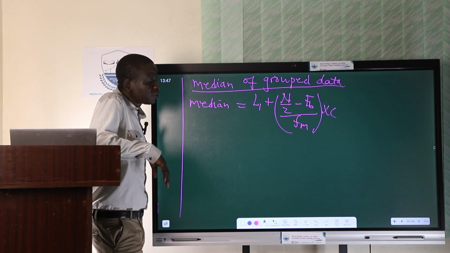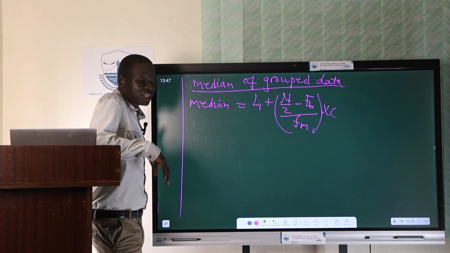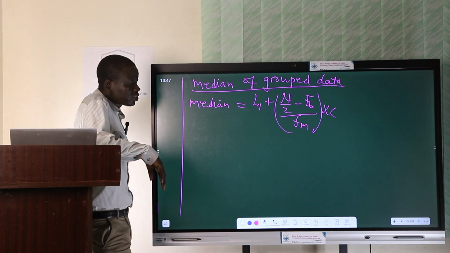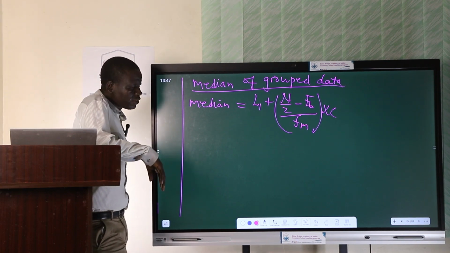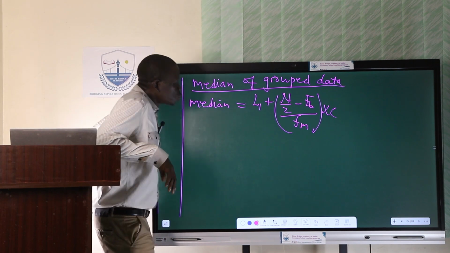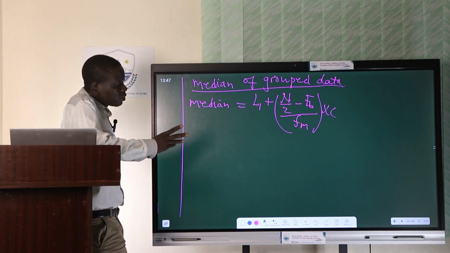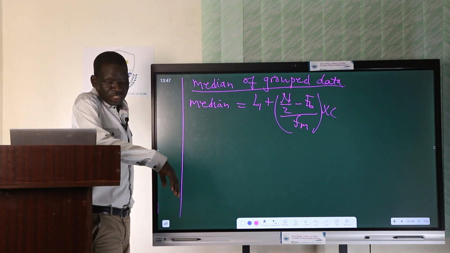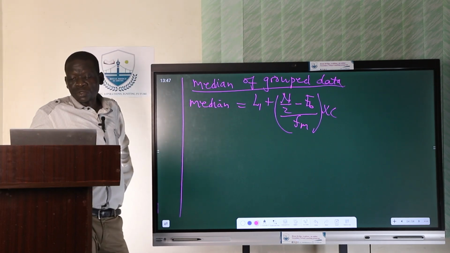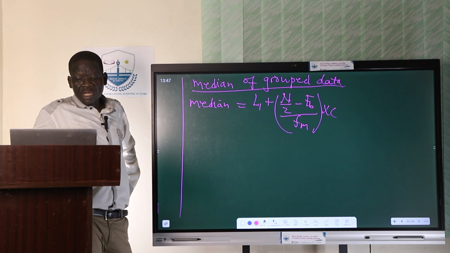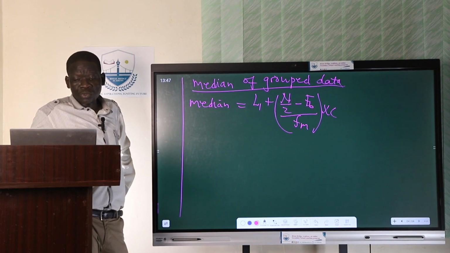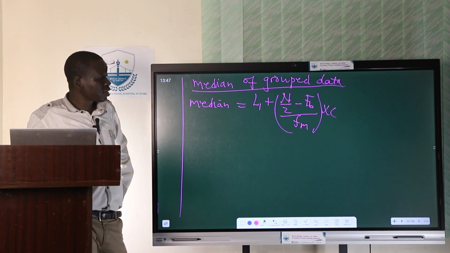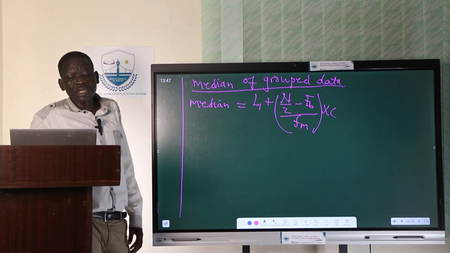The Fm stands for the frequency of the median class, times C, where C stands for the class interval of the median class. So this is the formula for finding the median of the group data. We can now see how we can use this formula in our calculations.